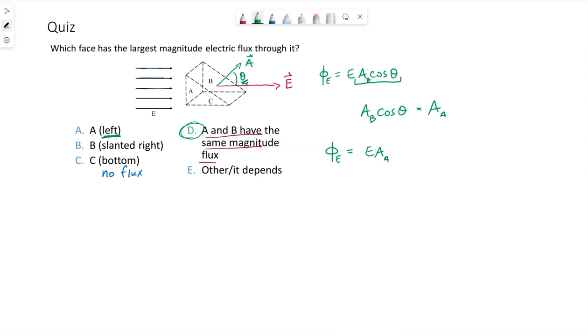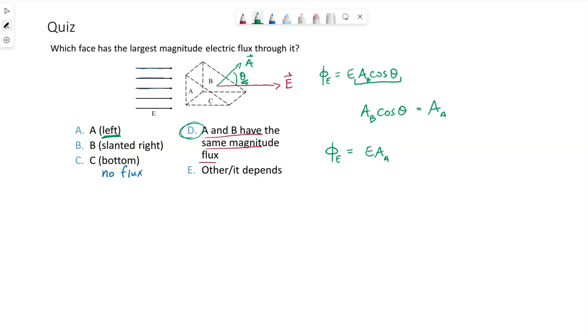So if you have a picture representing electric field lines and some sort of areas that you're looking at the flux through, you can totally count field lines because the field lines are always drawn in a way to be representative of that strength.